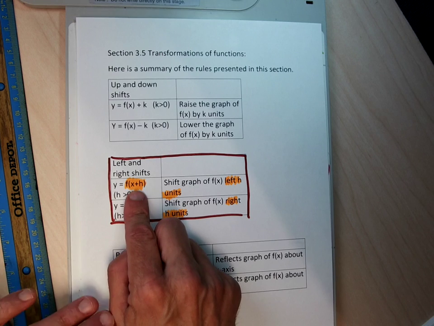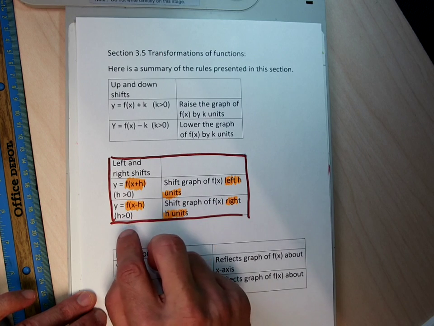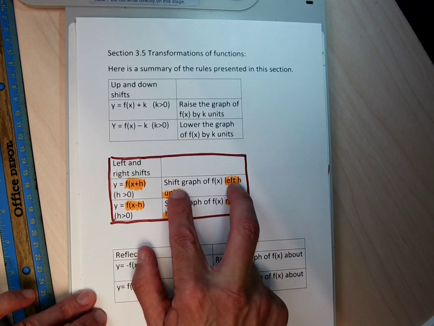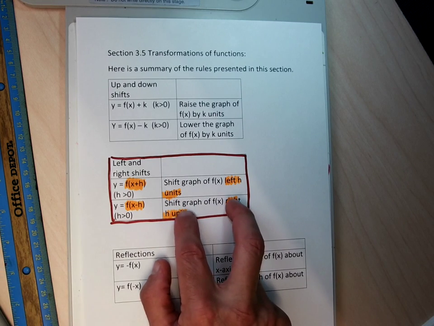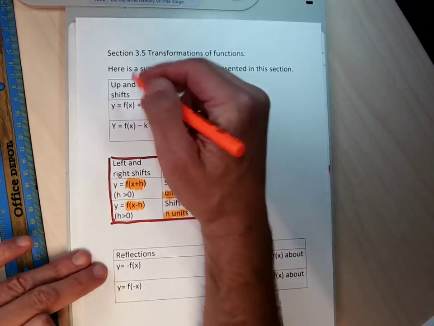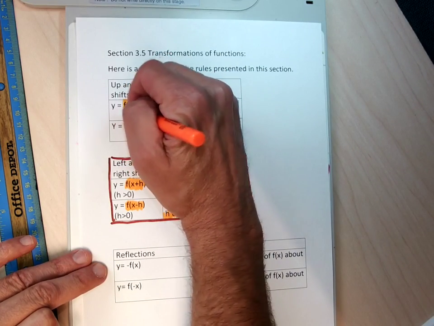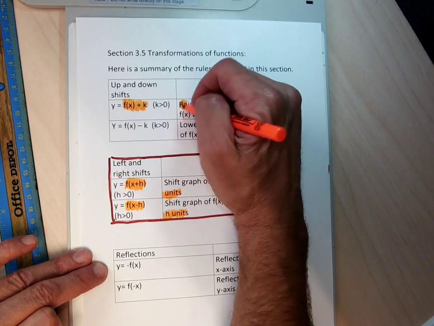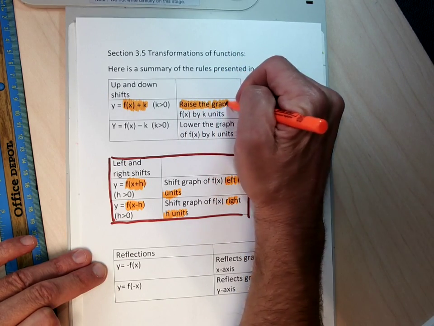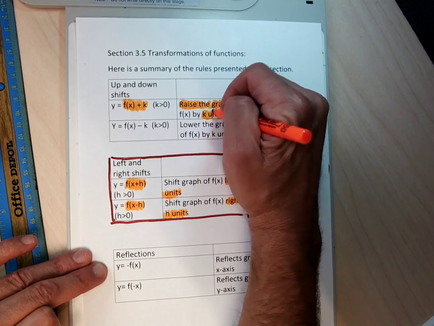A plus inside of parentheses, I could make all the y's the same, but the graph would shift to the left. A minus inside the function parentheses would shift a graph to the right. In this section, we're going to either add or subtract a number after a function, and what that's going to do is move the graph up or down that many units.